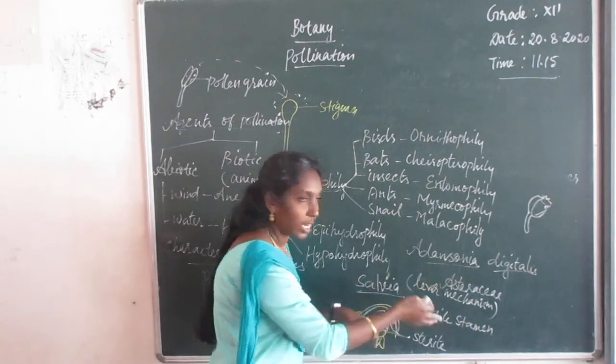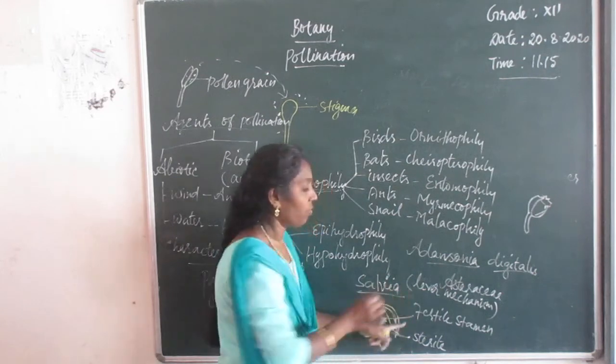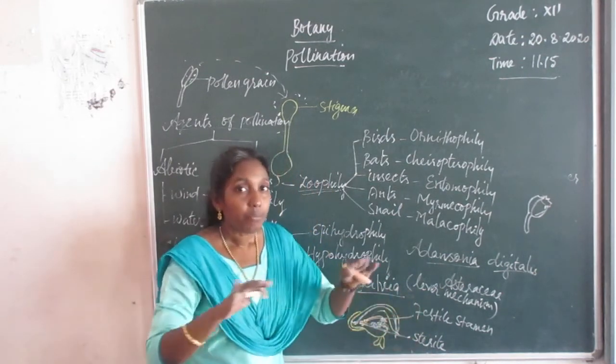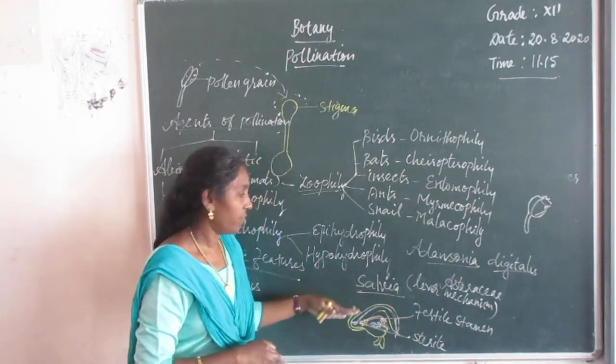When it visits the next flower, the pollen drops on the surface of the stigmatic region. This type of mechanism is called the lever mechanism.